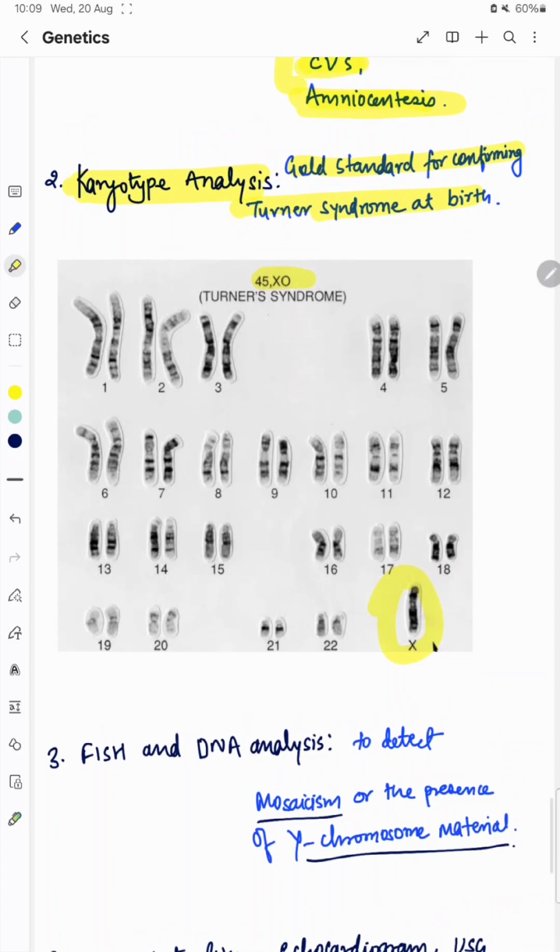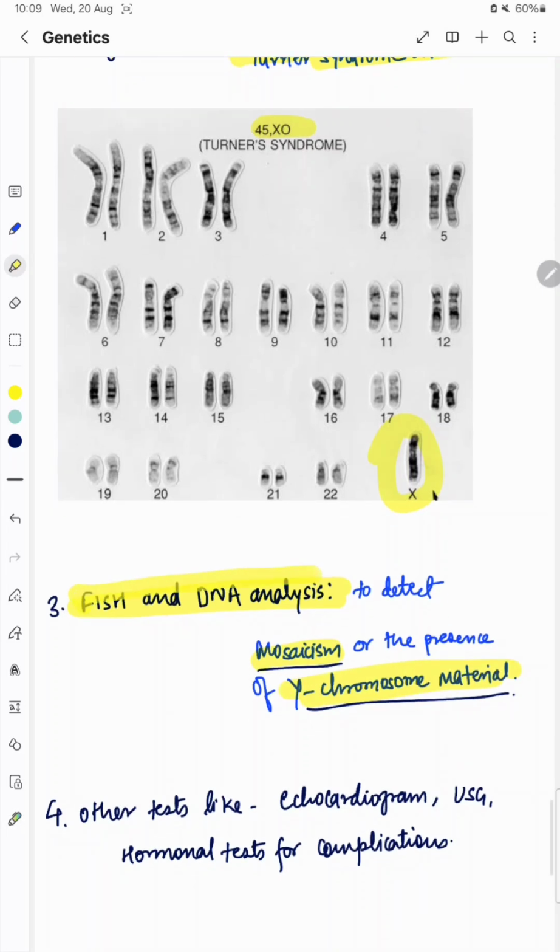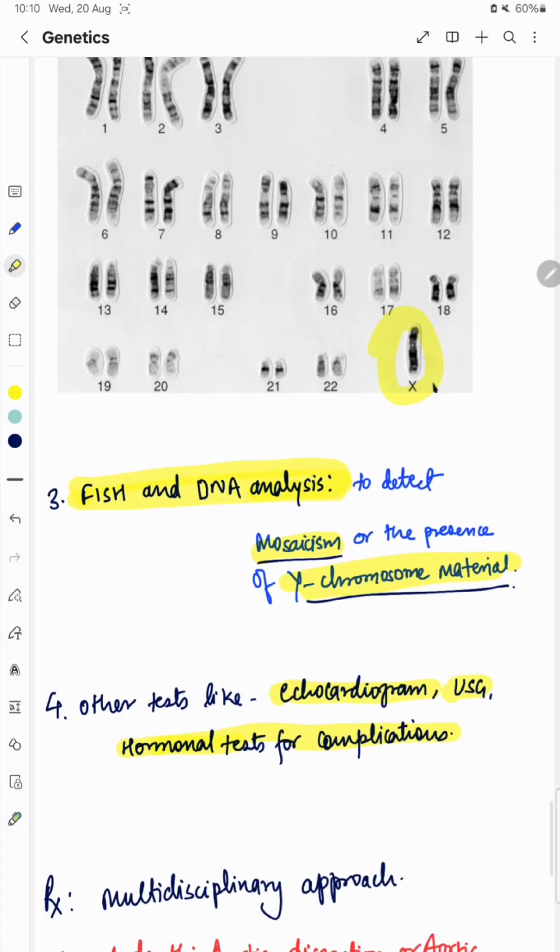So this is the gold standard for confirming Turner syndrome at birth. FISH and DNA analysis are helpful techniques to detect mosaicism or the presence of Y chromosome material. Other diagnostic tests include echocardiogram for cardiac anomalies, ultrasound for other structural anomalies, and hormonal tests for the complications.